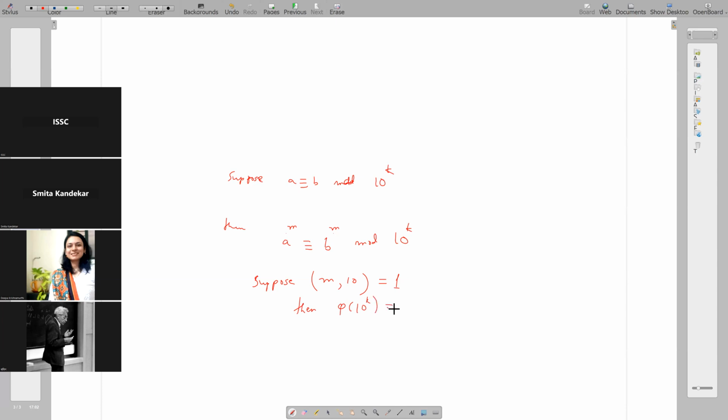Euler's function. So Euler's function: phi of 10 is 4. Phi of 100 is 40. And then you multiply by 10, so 4 times 10 raised to k minus 1.